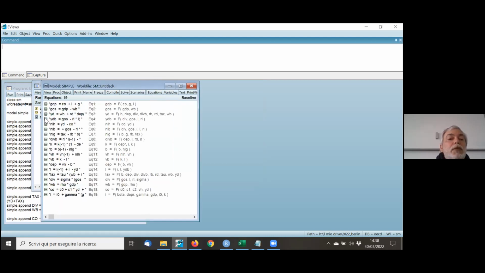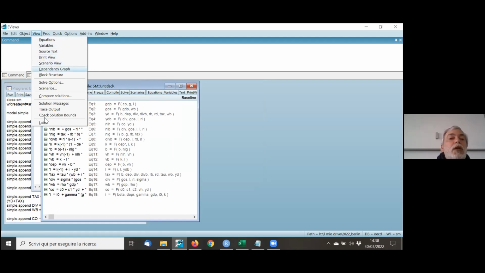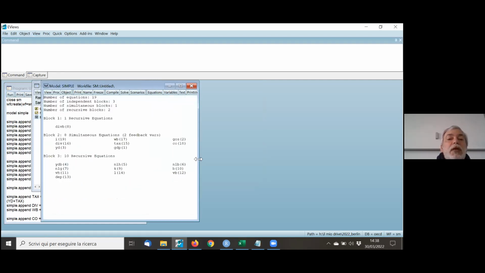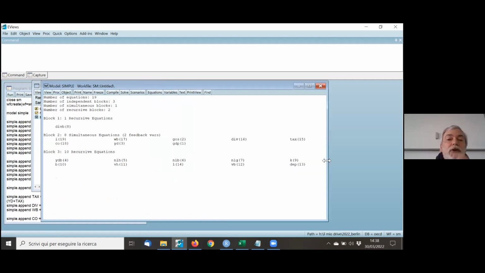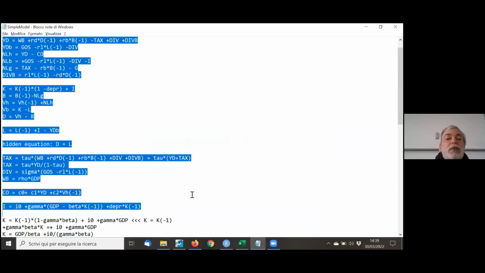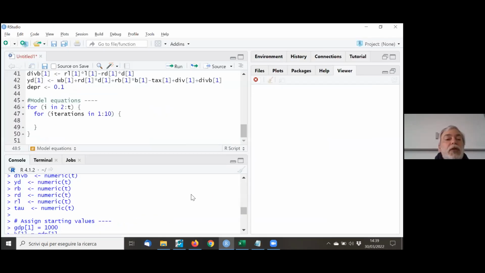Okay, so this gives me the triangularization that EViews has found. So the first equation should be for the dividends of banks. Then all these equations must be solved simultaneously. And after that, we have the recursive equations at the bottom. So we can use this to start from div B here. So this will be div B at time i.